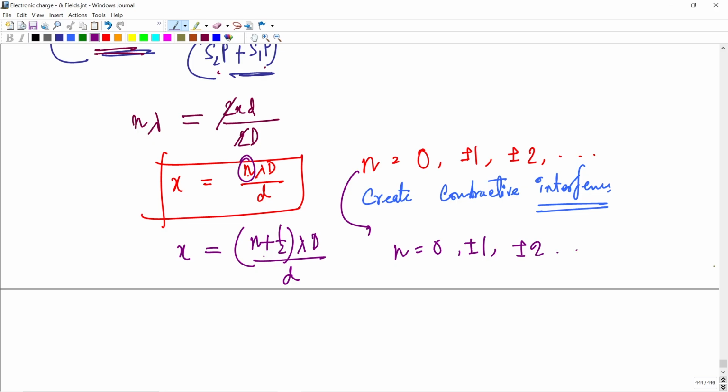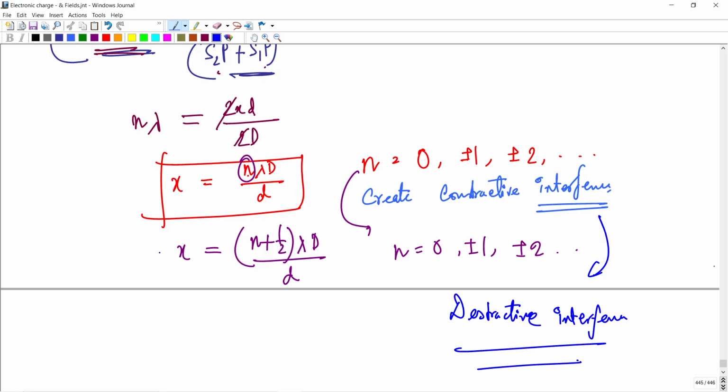This fraction term creates destructive interference. Okay, clear these two expressions, they are very important: constructive interference and destructive interference.